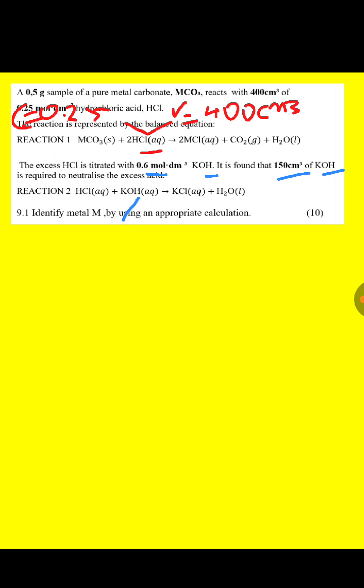So for KOH, you're given concentration is equal to 0.6. Then the volume of this KOH, V is equal to 150, but it is in cubic centimeters.